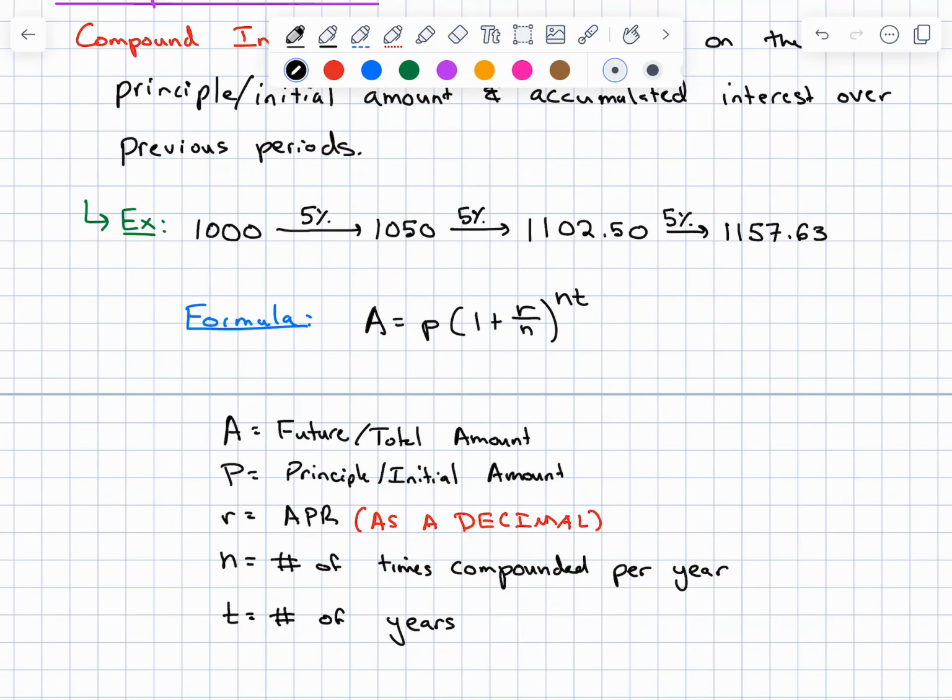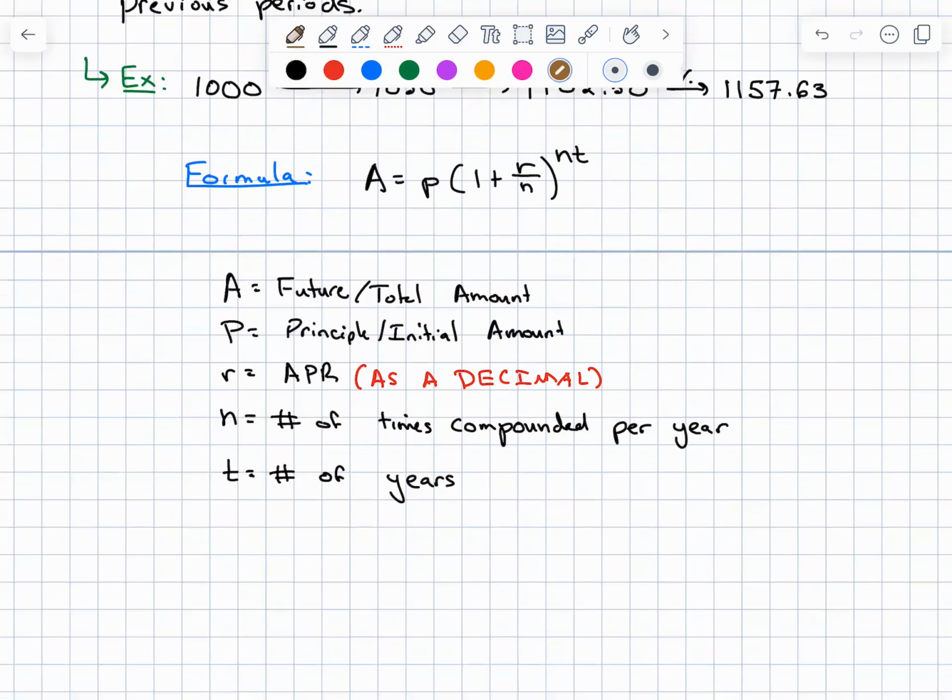So as a little trick, for annually, N equals 1. If it says annually compounded, that means it's only compounded once per year. Now, this is the one that always gets me: semi versus bi. Semi-annual or biannual would mean 2.